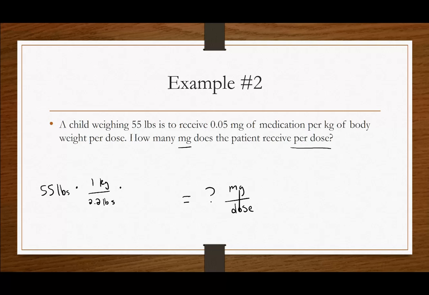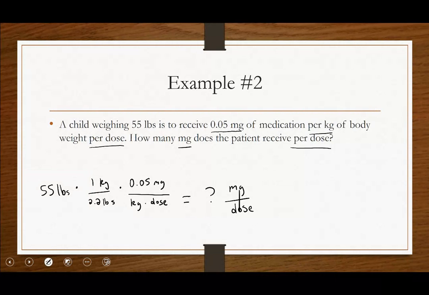The next conversion we'll need to make is the given metric here of 0.05 milligrams per kilogram per dose. So the way that we'll write this out is 0.05 milligrams in the numerator, and we'll have per kilogram per dose in the denominator. So looking at our units here as they cancel out, what we'll find is that the first computation converts to kilograms.